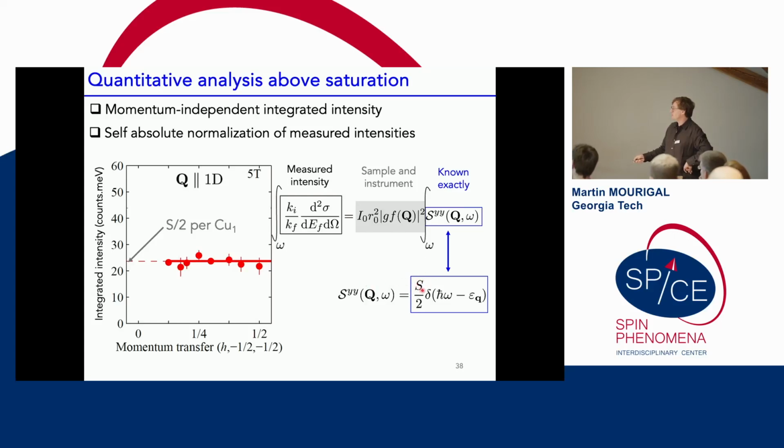In a saturated ferromagnet, SYY is just S divided by 2 times a Dirac delta function of the dispersion. When I put the data in instrument units, I see that this number here, whatever it is, 22, corresponds to S/2 per copper. So I have an absolute normalization of the intensity of the neutron scattering process.